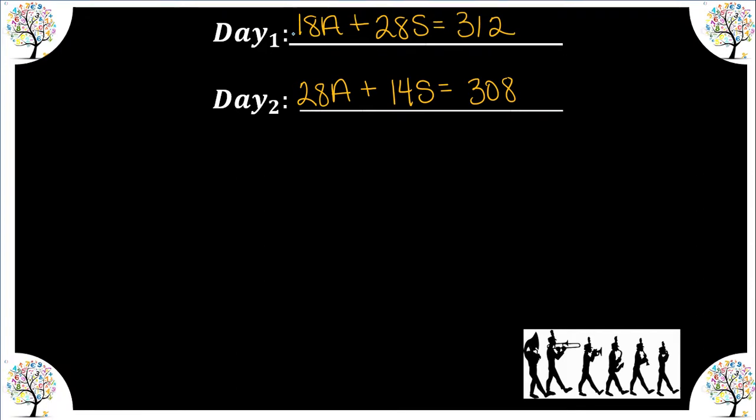We can see that we do not have a pair of opposites, but luckily for us, we could simply multiply this equation by -2, making this a -28s. So let's do that.